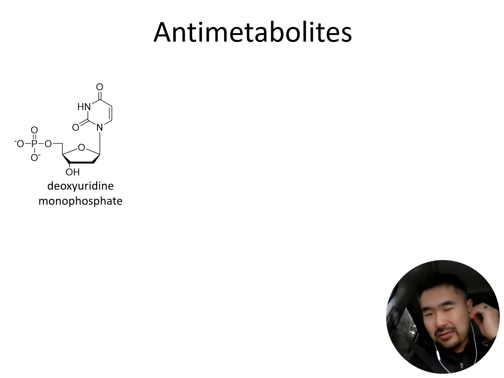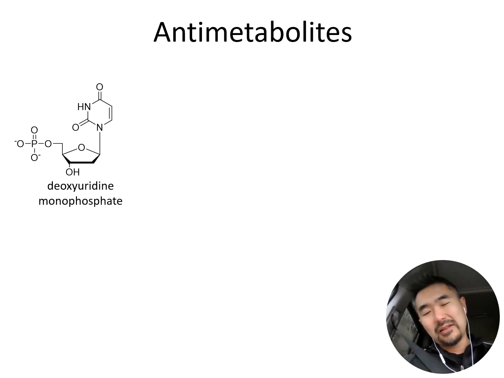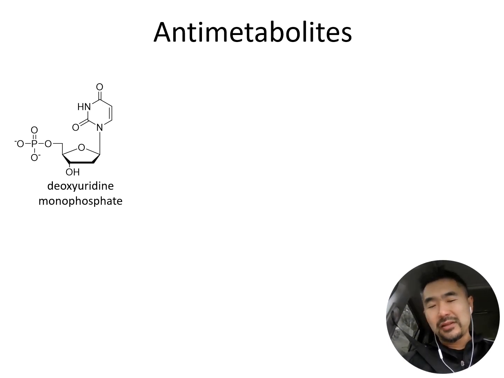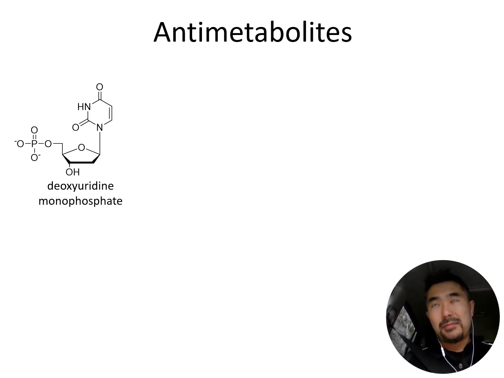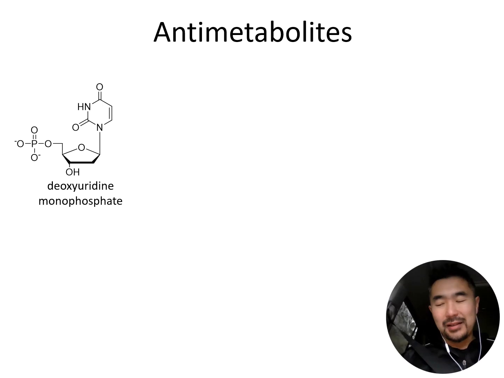All right, so back to this anti-metabolite class of compounds. But before I show you how fluorouracil might work, I kind of have to show you what happens with the folate vitamin, aka vitamin B9, as well as its involvement in nucleoside or nucleotide biosynthesis.